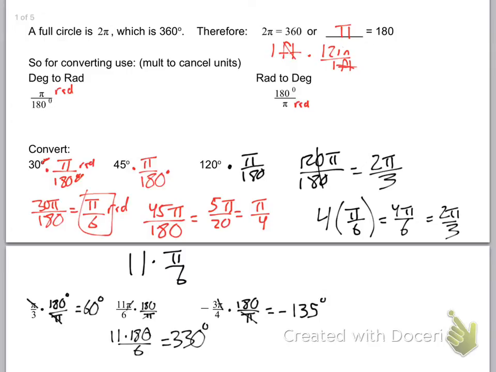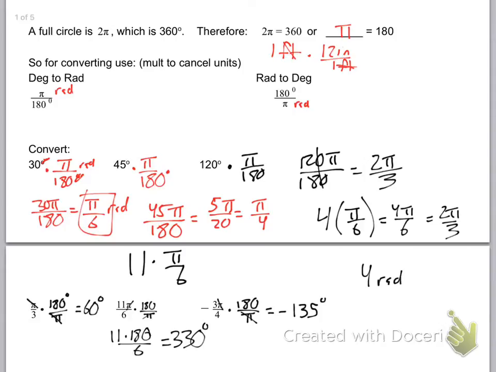Now, I said generally radians have pi in it, but they don't always have to. There is, guys, the option to go 4. If you say, hey, I just went 4, it does not mean 4 degrees, it actually means 4 radians, because there's no degree symbol. It defaults to radians.